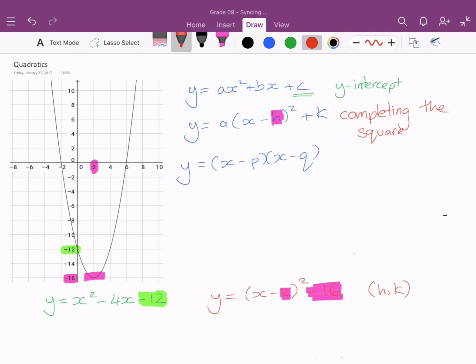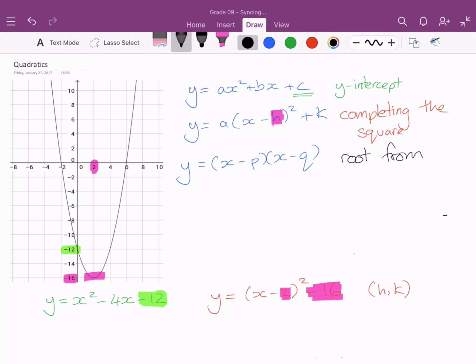And the last one is what I like to call the root form. And this is the form where the graph cuts the x-axis, sorry, not the y-axis. It's where it cuts the x-axis, where y is equal to 0.